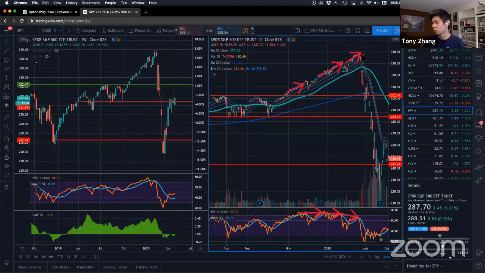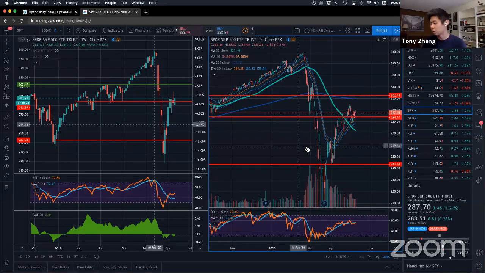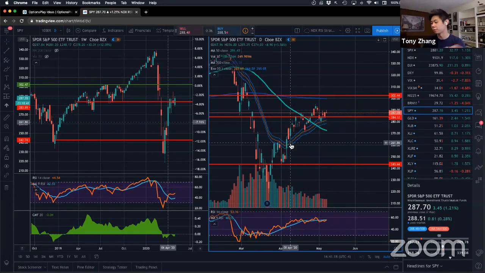These were the signs of exhaustion that we saw leading up to the February 19th peak. Now, again, that doesn't give us an indication as to when things are going to turn around. It just tells us that things are not really okay. This is the quote unquote not bullish phase that we anticipated in the late stages of that rally.